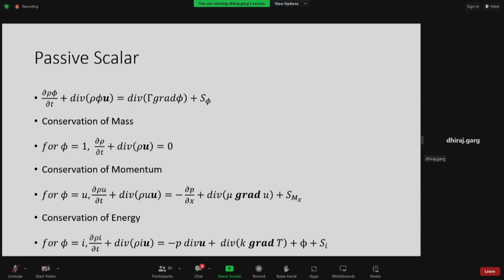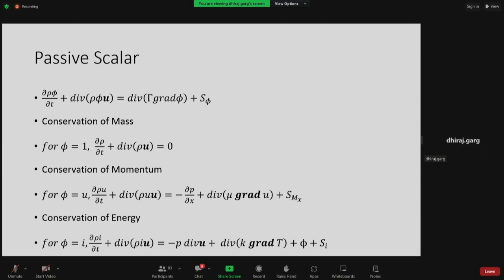When phi is equal to 1, this converts into the conservation of mass. When we take phi equal to u, one component of velocity, say ux to avoid confusion, it easily converts into the equation for conservation of momentum. And when phi is taken to be i, the internal energy, you can easily derive the equation for conservation of energy.